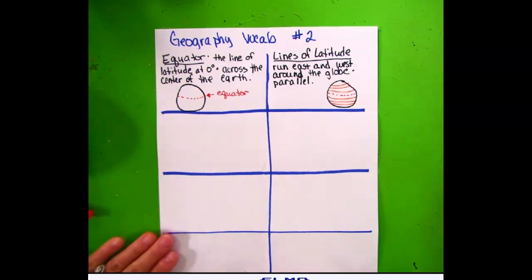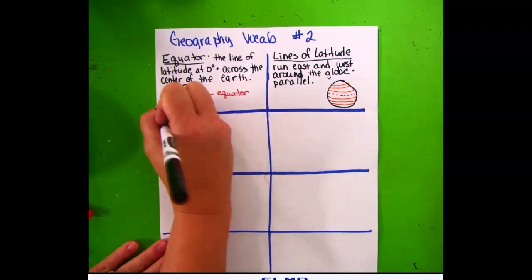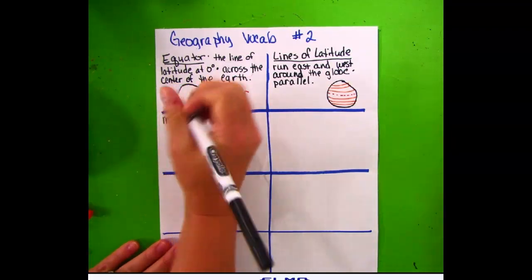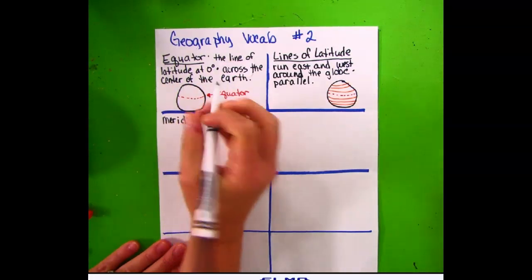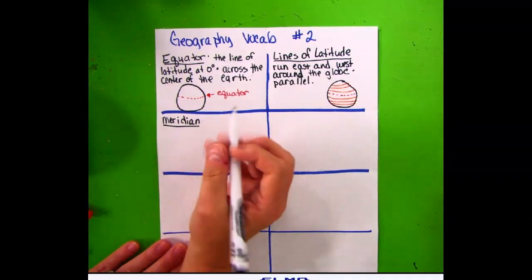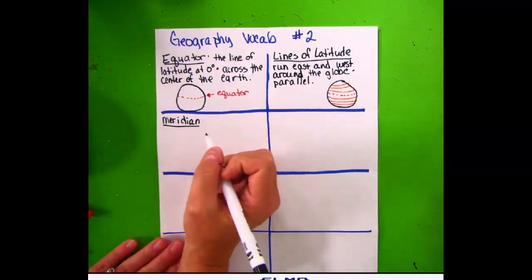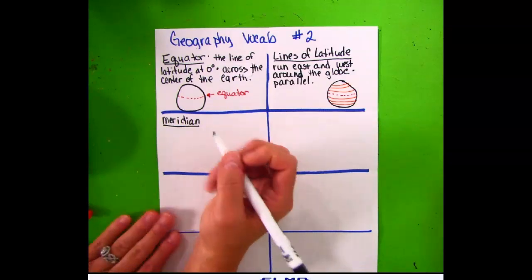The next one that I want to talk about is the meridian. The meridian is the line that runs around the globe between the North and the South poles.